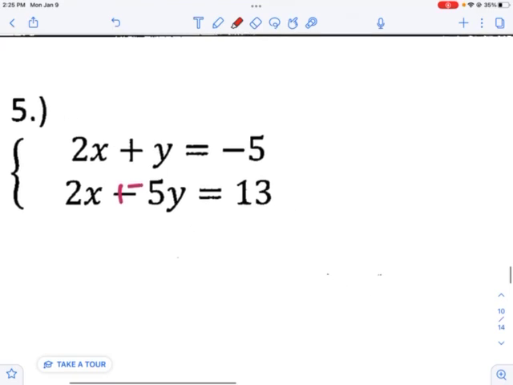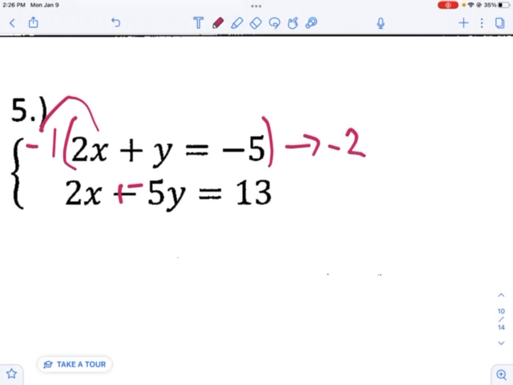If you look here, this is 2x and this is 2x. So 2x and 2x, well, if only one of them was negative 2x, I'd be able to eliminate them. So I'm going to multiply the top equation by a number that would result in negative 2x. So think about what number it is, and it is negative 1. So negative 2x, I essentially am using the distributive property.